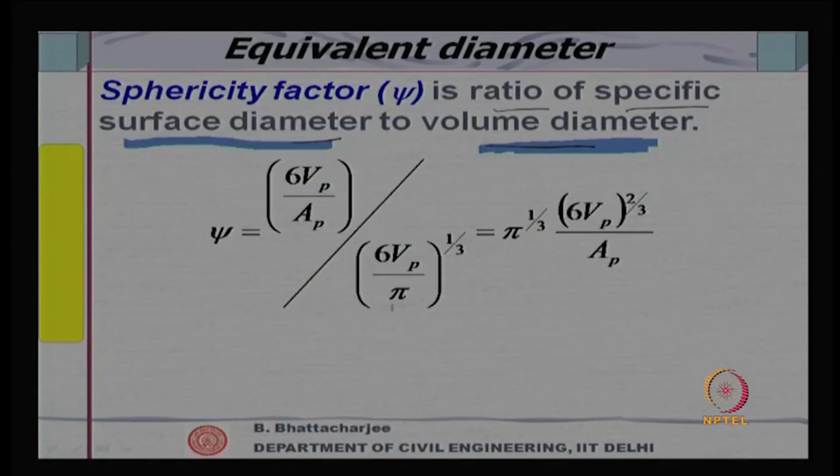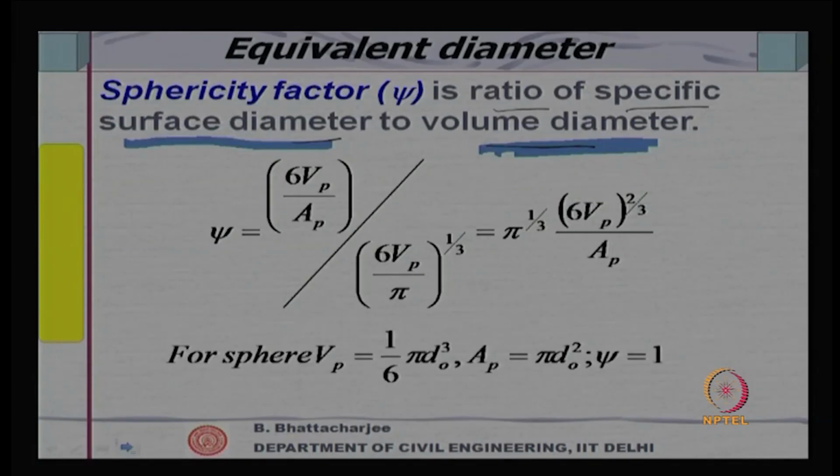and 6 V p by pi. So, this will be pi to the power 1/3 and 6 V p to the power 1 minus 1/3, so this will be 2/3, here also is 6 V p divided by A p. For a sphere, V p is equal to 1 by 6 pi d 0 cube, A p is equal to pi d square, right.